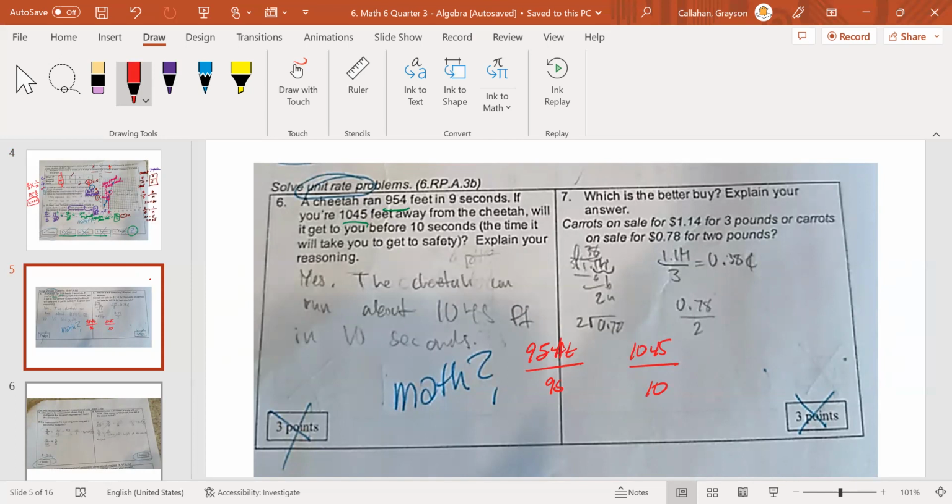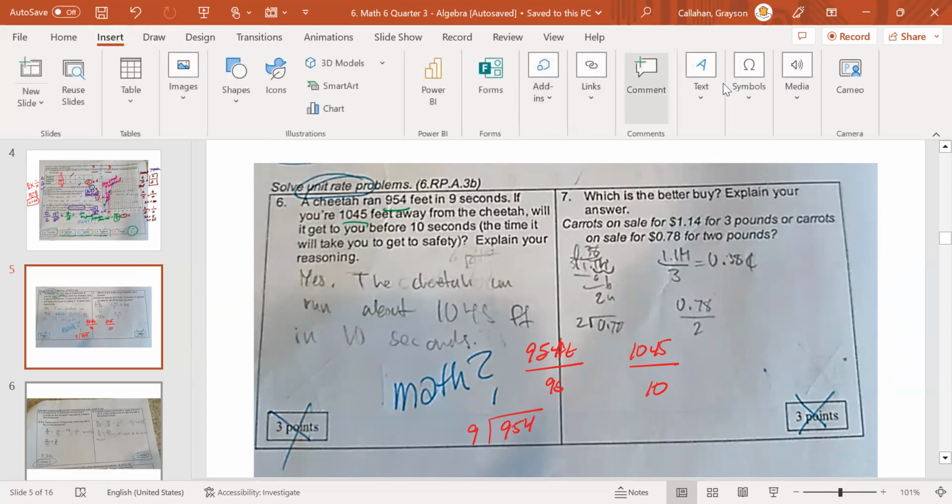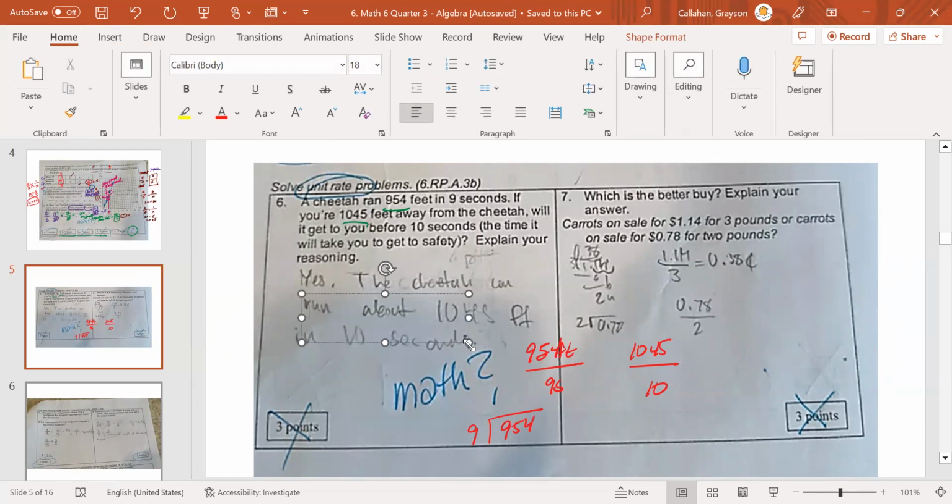Okay, so let's take a look at this. So let's do 954 divided by 9, because what I want to know is how many feet can the cheetah run in 9 seconds? So one of the questions you should ask yourself is, how many feet can the cheetah run in 1 second?